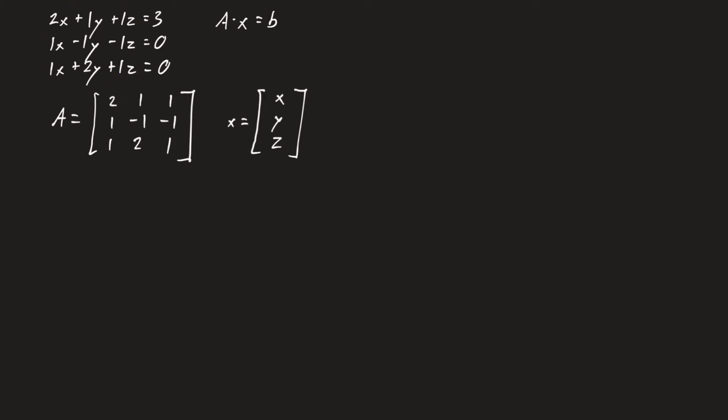And then finally, let's write out our B vector, which is our answer column, okay? B is equal to, in this case, I'm looking at the right side of the equal sign. So that's going to give me 3, 0, 0. Boom. Okay, so far so good, I hope.